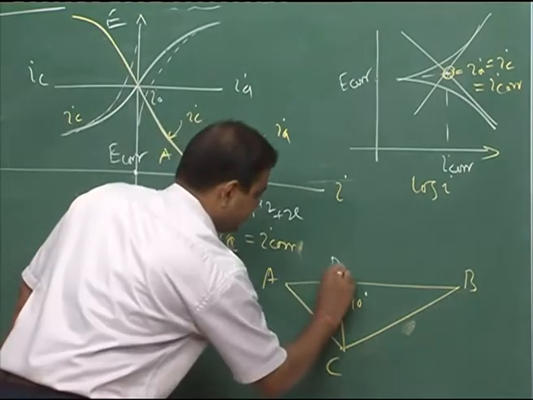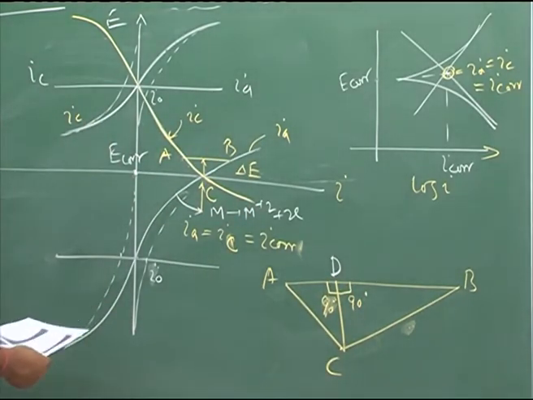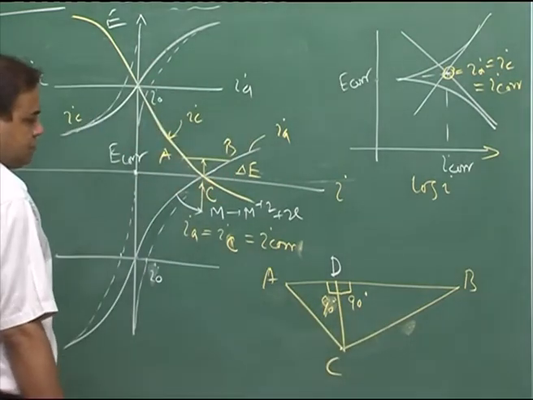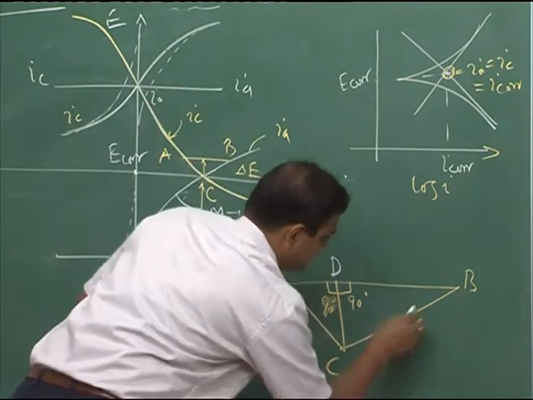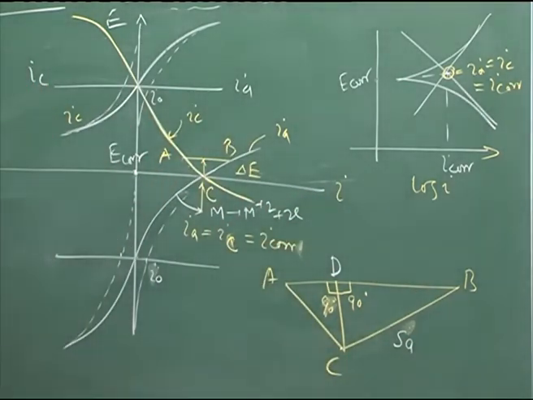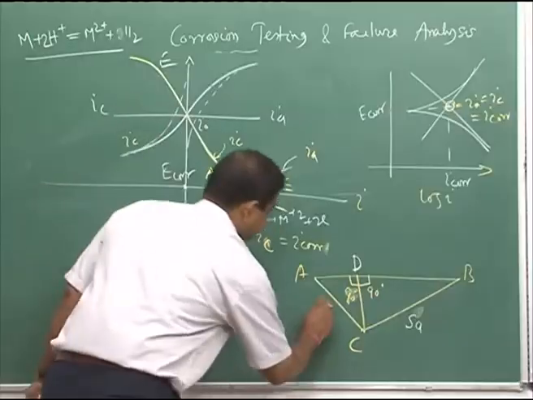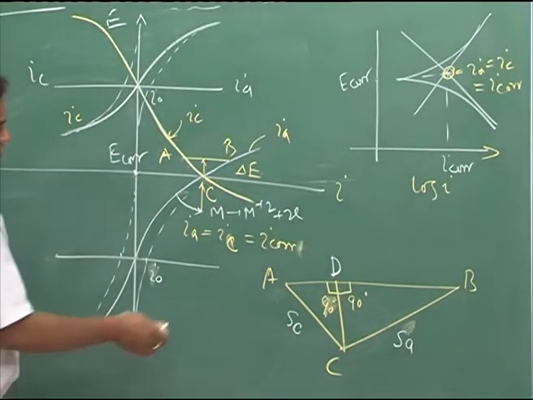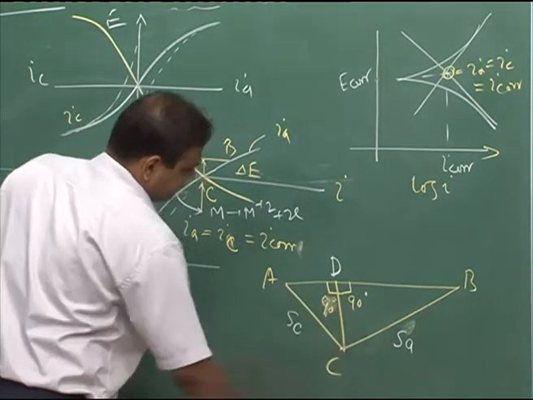Let us say this point is D. Now, if we consider the slope of this line as S A, which is nothing but the slope of the anodic reaction line, and the slope of the cathodic reaction line as S C, then we can find out S C and S A from this dimension.